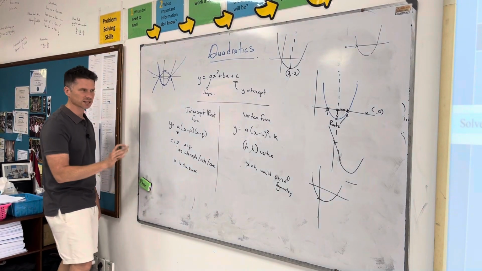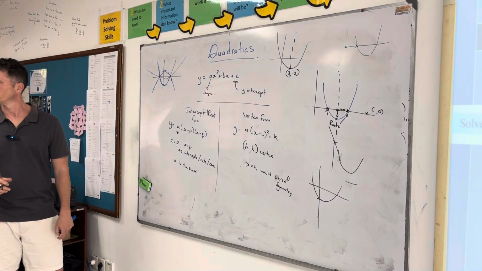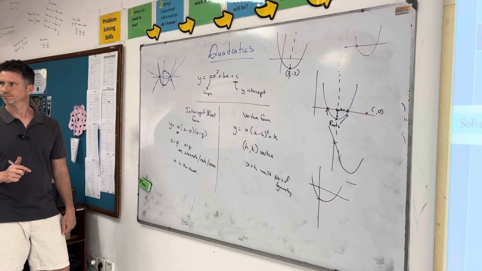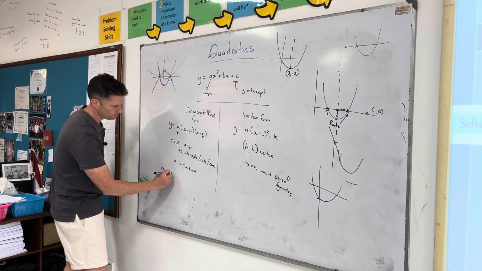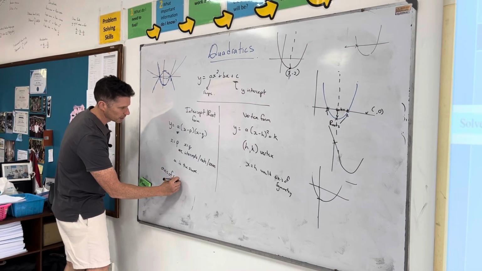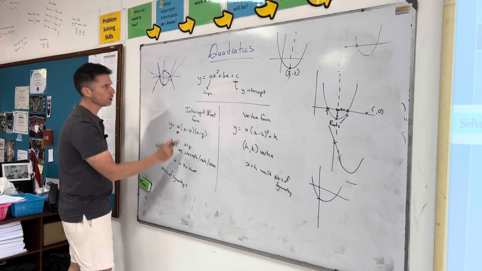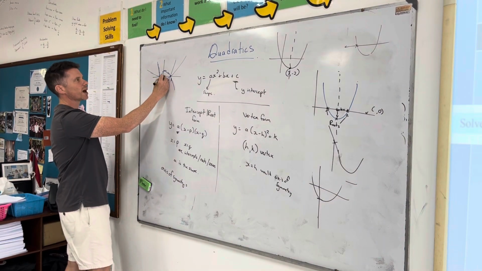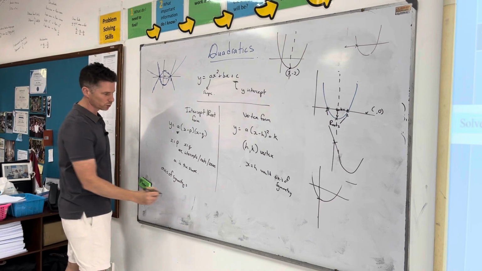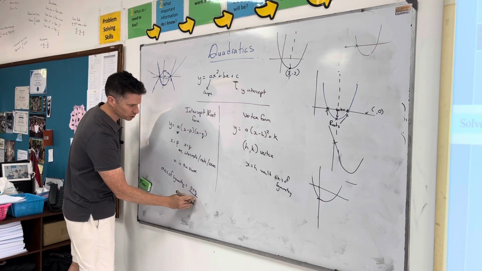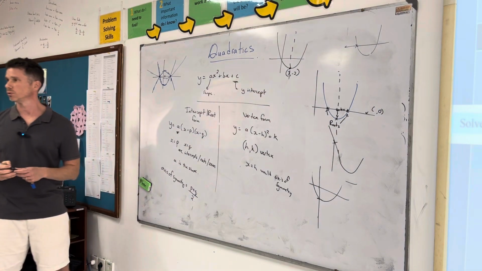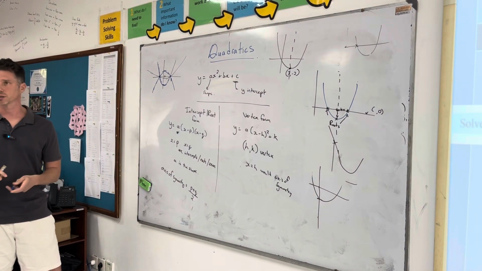If I want to get the axis of symmetry from this one, what could I do? The midpoint or the average, yeah. If I know these two, it's going to be halfway exactly between these two. So I'd add them up, p plus q, and then divide by 2 to get the average or the midpoint of the two. And that would give the axis of symmetry.